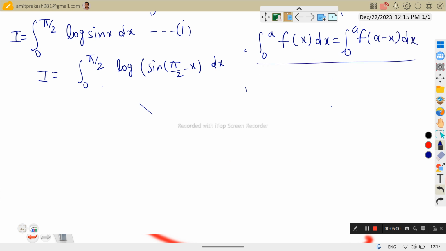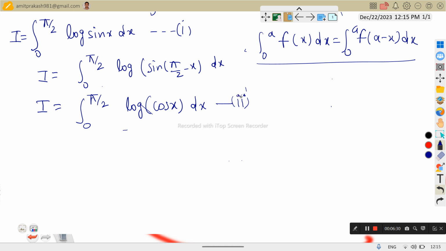This is the property of definite integration, so we have used this in this step. Again, sin(pi by 2 minus x) equals cos x. This is the formula: sin(90 minus x) equals cos x, and cos(90 minus x) equals sin x. Take it as the second equation.